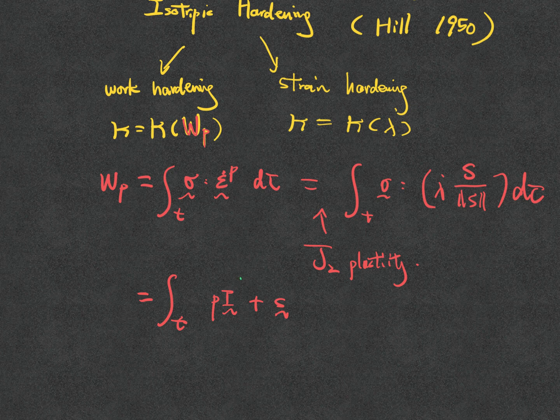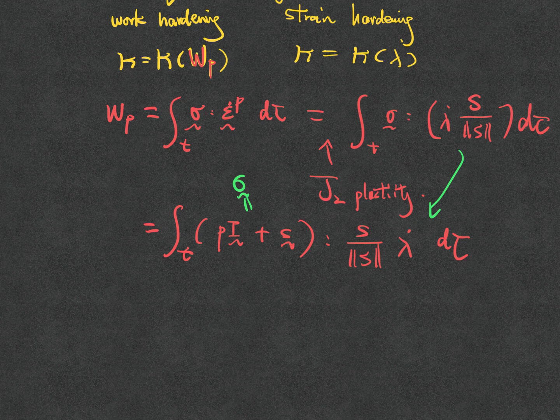This whole thing itself is equal to the Cauchy stress, double dot s divided by the magnitude of the directorial stress s, times lambda dot d tau. I'm just putting this term here. And that in return would be equal to what?